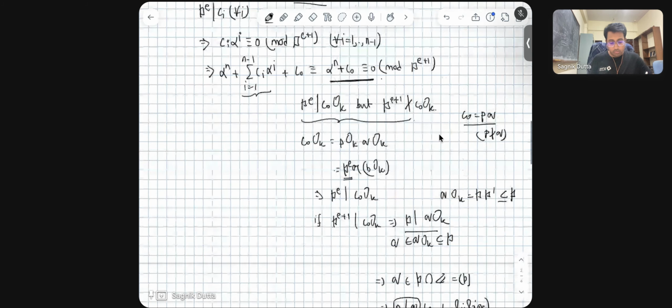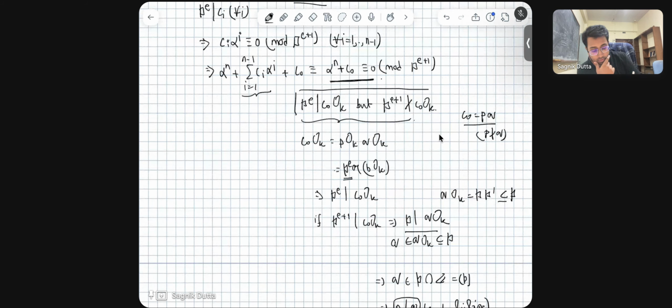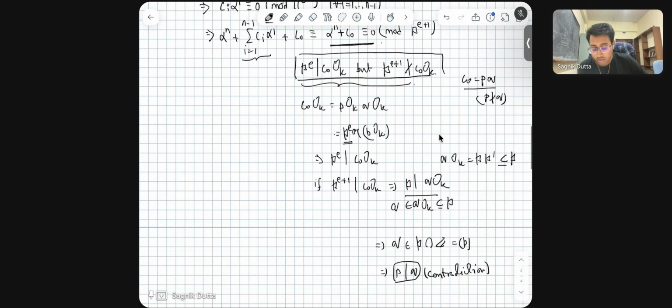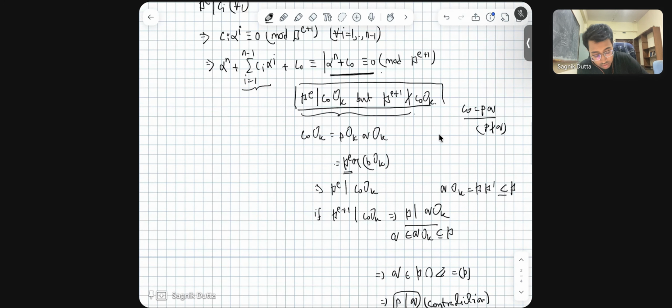So this is the main thing that we needed, and now the proof becomes almost obvious. You have P to the E that divides, and this is the highest power of P that can divide C naught, the principal ideal generated by C naught. So now you look at this equation, you combine these two equations.